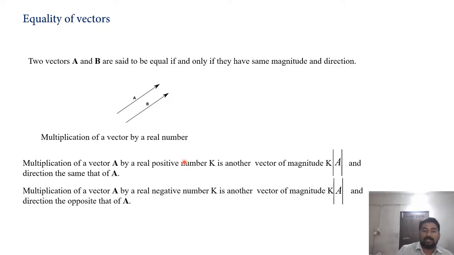Similarly, multiplication of a vector by a negative number k gives another vector with magnitude k times that of a, and its direction is opposite to that of a. That is, when multiplying by -5, you get -5a. What does it mean? Its arrow direction changes, it becomes opposite, because you are multiplying with a negative number.